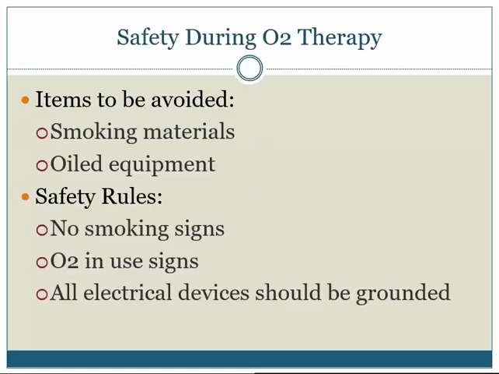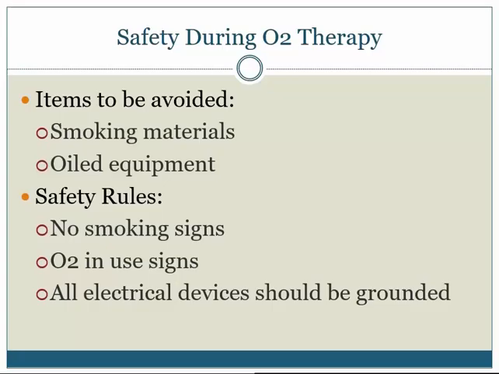Things to be avoided when there's a patient on oxygen is anything where they're smoking, so lighters, vape pens, anything with oil, because again, that can support the combustion. So there's certain commonsensical safety rules that have to go into effect if you have a patient on oxygen. There has to be no smoking signs posted or oxygen in use signs posted.